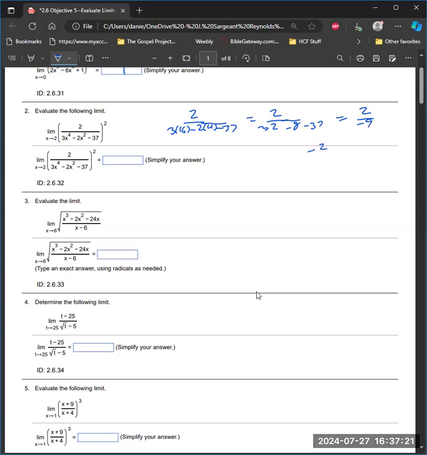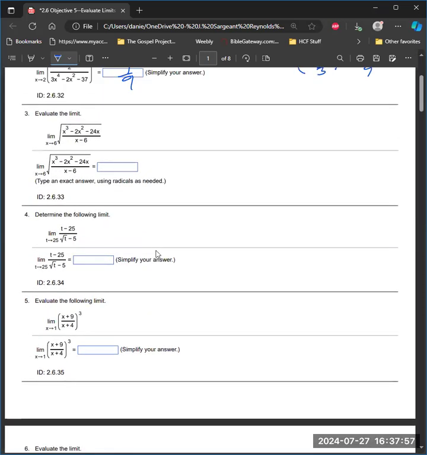So negative 2/9 squared is 4 over 81. What did I do wrong there? This is 48. Let's say 40. This is 3. 4/9. There we go.